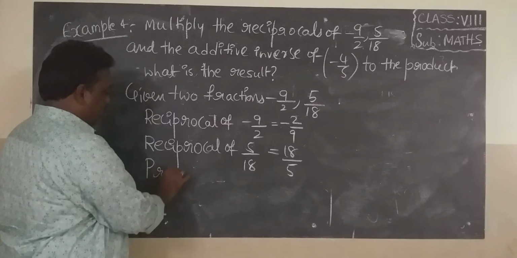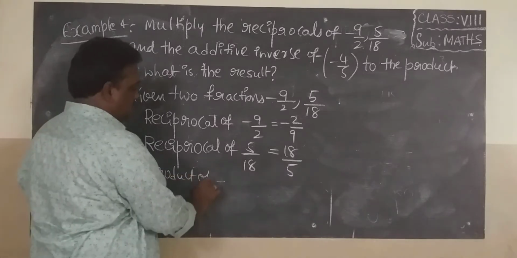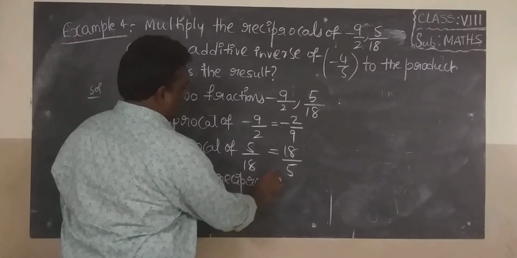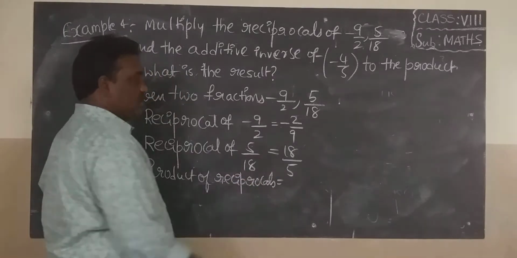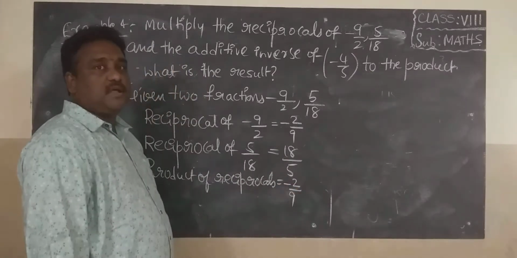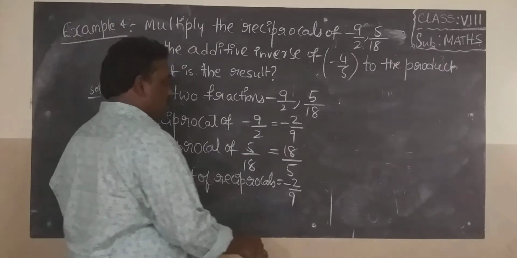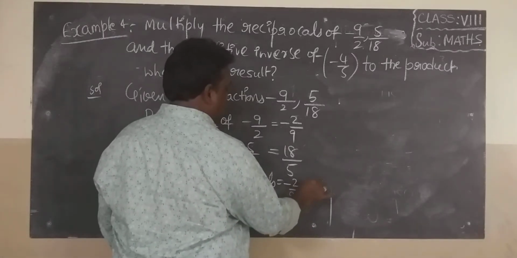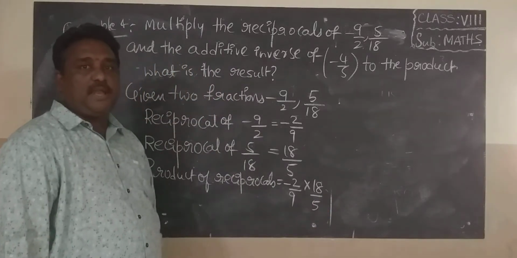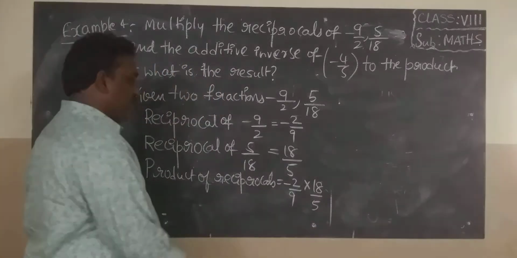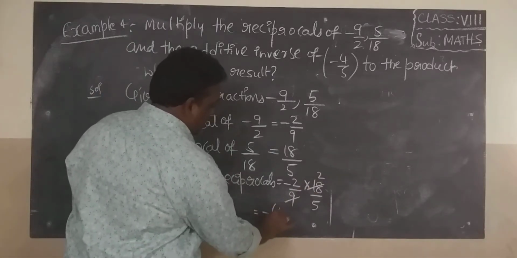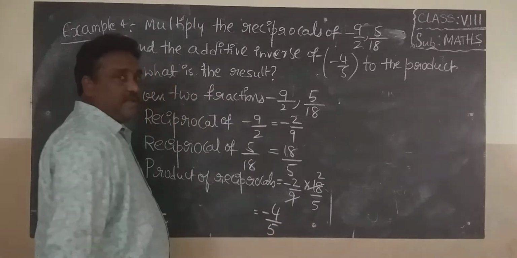Product of reciprocals equal to minus 2 by 9 into 18 by 5. 9 how many times? 2 times. So what we get? Minus 4 by 5.